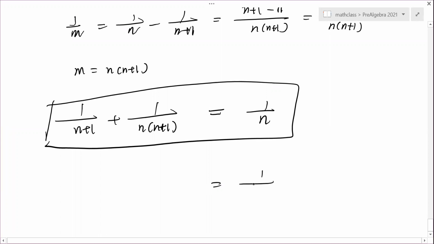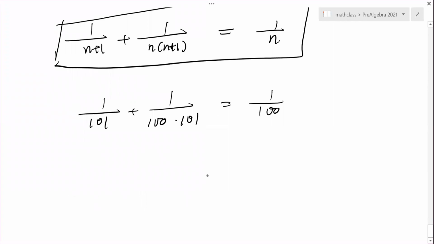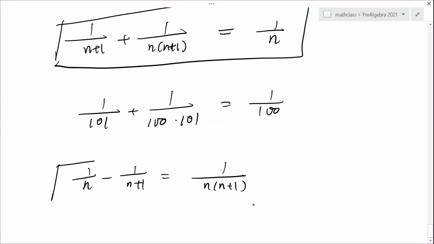For example, if you get 1/100, so I get 101 plus, right? And it's 100 times 101. Bingo. See? So you can always write. Okay, but anyway, the formula. Let's go back to this formula. 1/n times (n plus 1) is just equal to 1/n minus 1/(n plus 1).